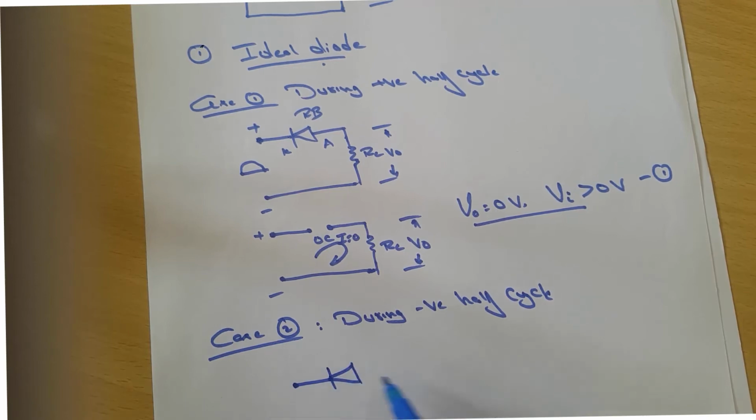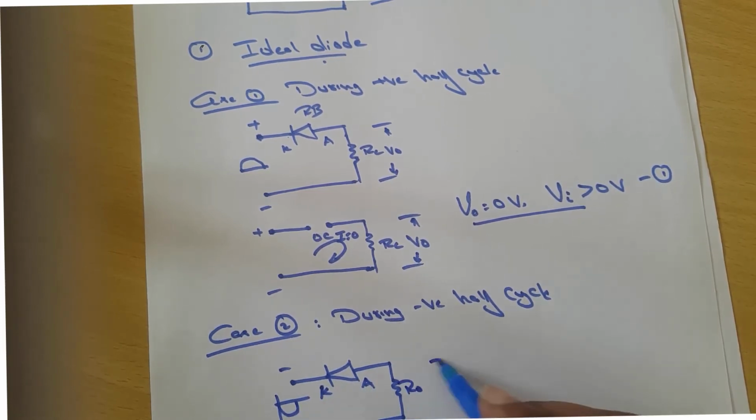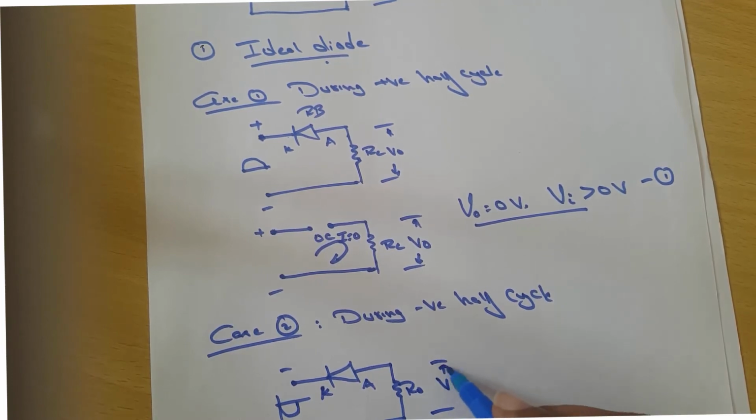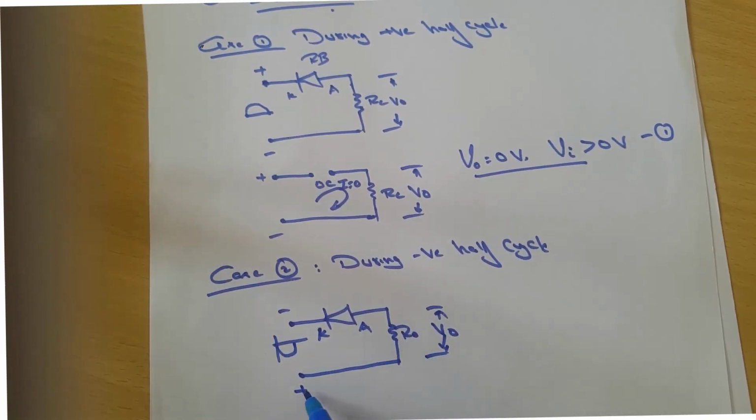This is the diode and the load resistance, and during the negative half cycle the waveform will be like this, and the cathode is negative and the anode is connected to positive. As we know, current always flows from higher potential to lower potential, and higher potential is represented by a positive sign and lower potential by a negative sign.